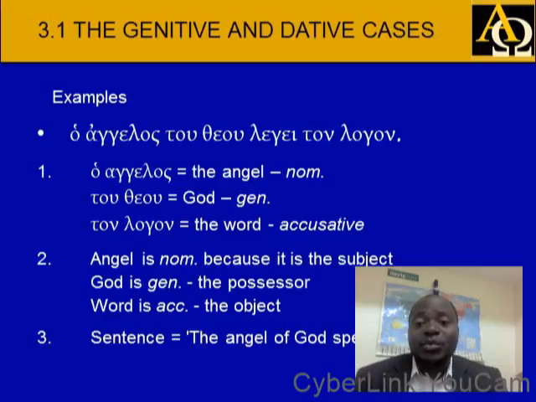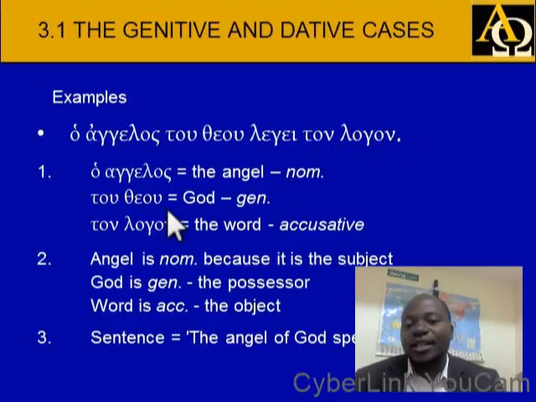So here in this case we have ho angelos tou theou legei ton logon. This is our nominative, so that's our subject automatically. And then we have tou theou, that's genitive case, so it's something of God. And then legei, this is our verb, so we know the ending, he, she, it says. And then this is ton logon, this is accusative.